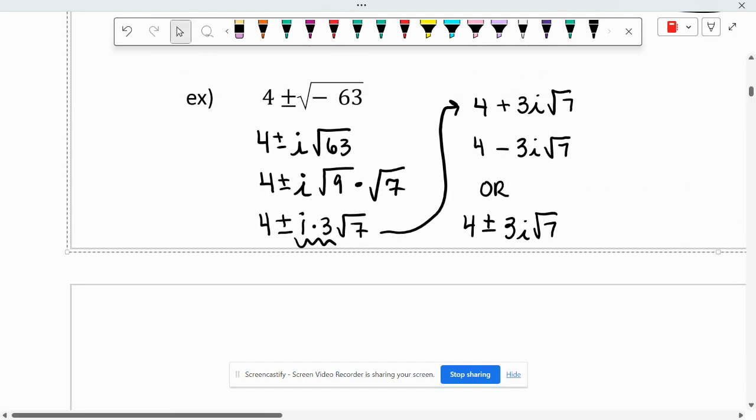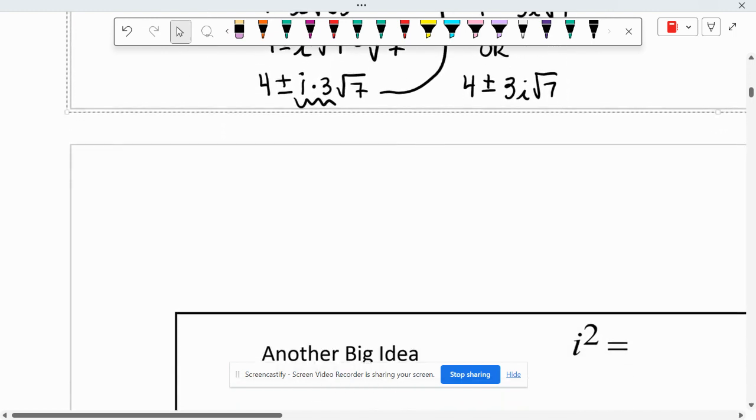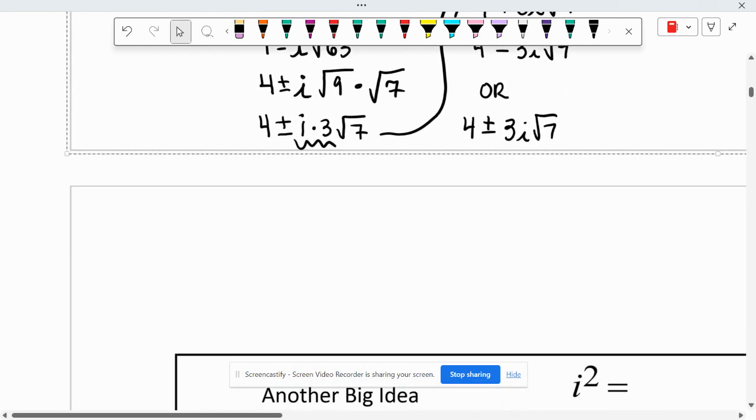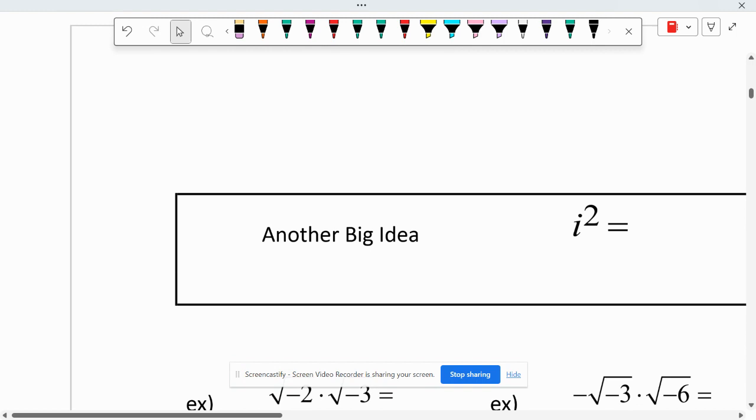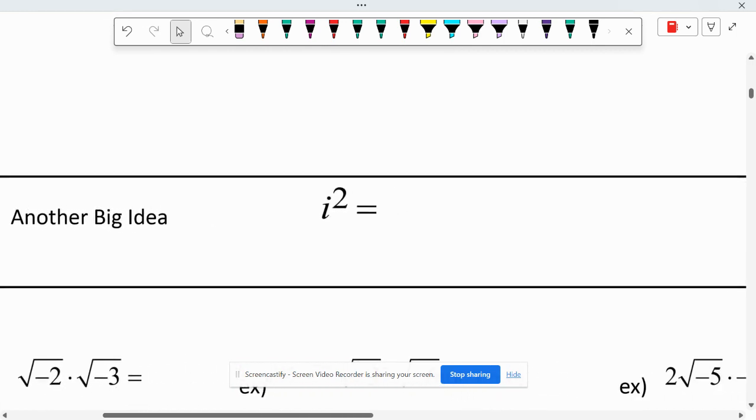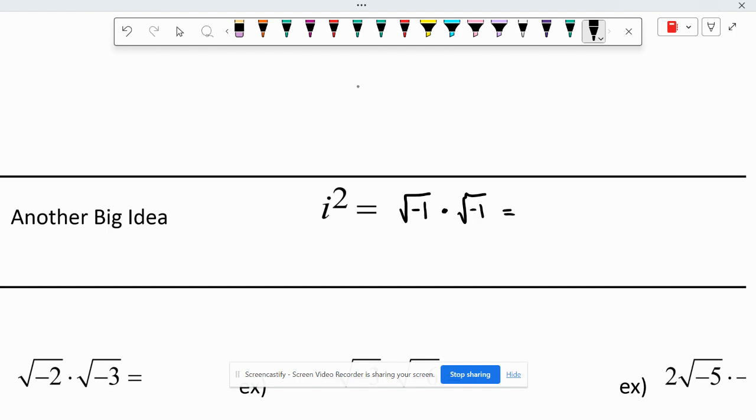Okay. So I want to talk about the i squared, i cubed kind of thing. So this big idea right here, another big idea. What did we say i squared is? Well, it's the square root of negative 1 times the square root of negative 1, which is what?